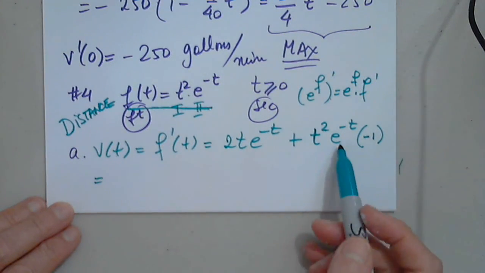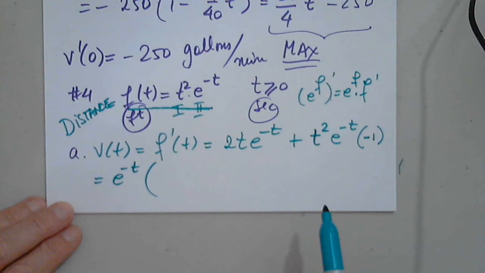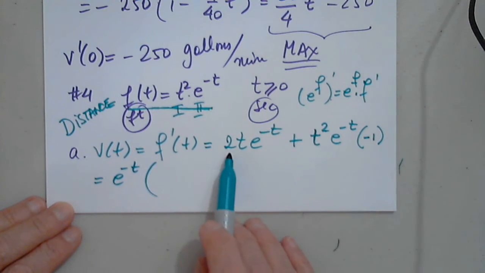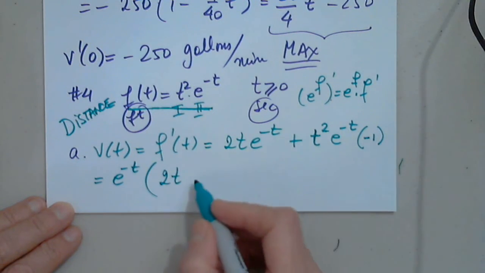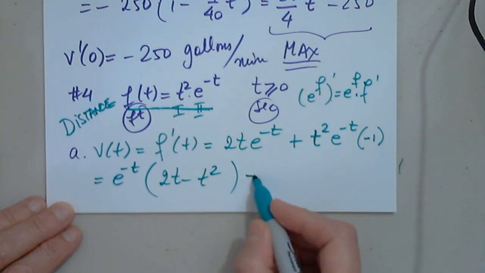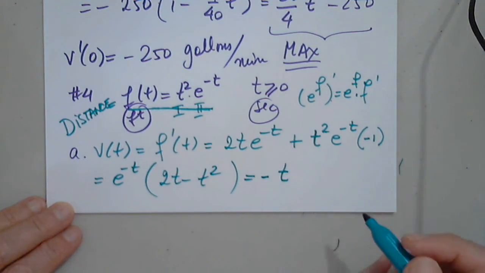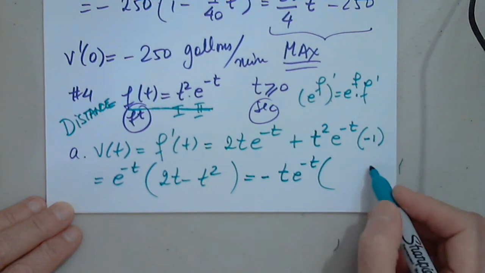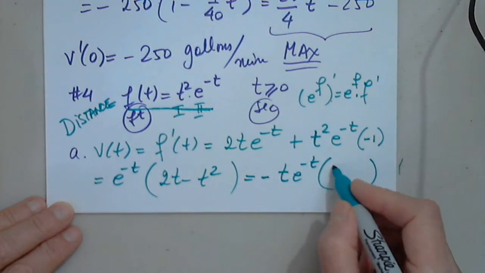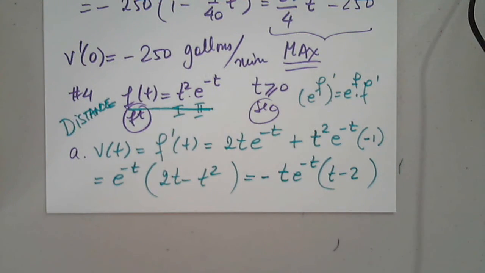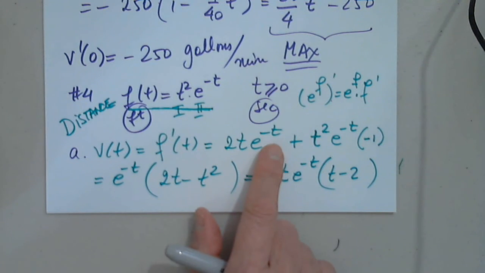Good. So obviously I will factor out e to -t. And then I have 2t minus t squared. I realize that I can continue factoring out -t e to -t, and I have a t minus 2 in parentheses. Let's stop for a second and check all these calculations. -t e to -t times t is -t squared e to -t. -t times e to -t times -2 is positive 2t e to -t.